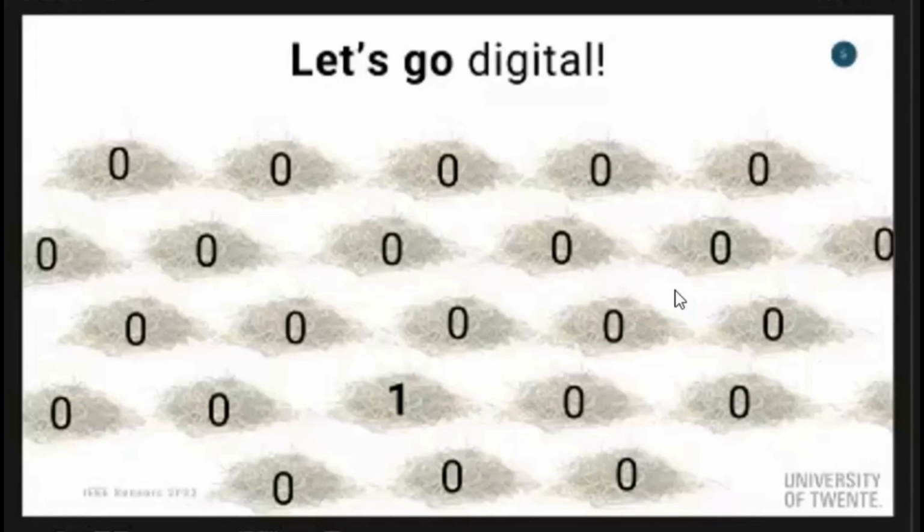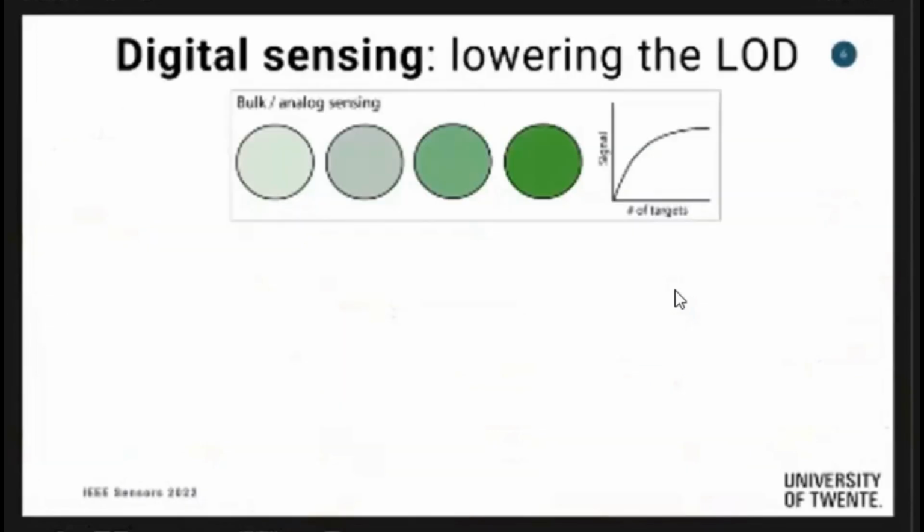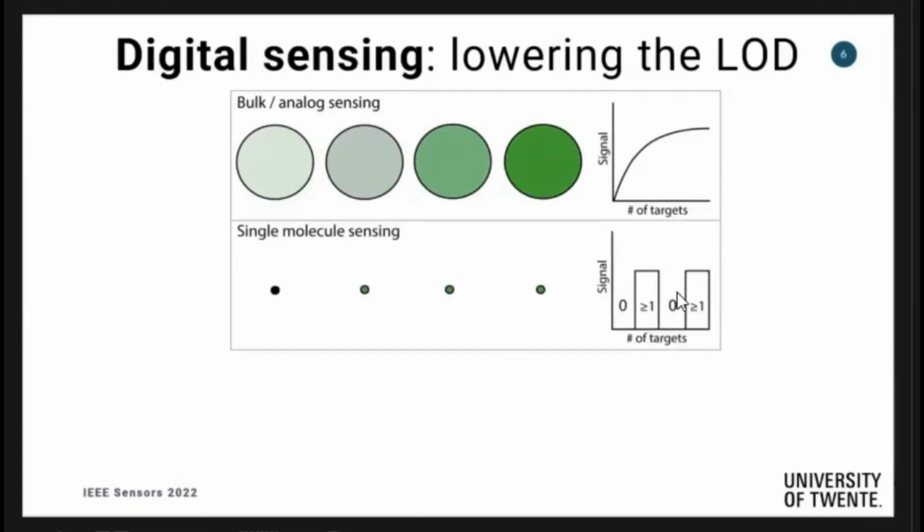So let's get digital. Most sensors nowadays are still based on bulk or analog sensing, where the amount of signal is directly equated to the amount of molecules. But ultra low concentrations generally also means ultra low signal. So therefore, people came up with single molecule sensing, where they either decrease the sensor area or the total volume of sensing, and in that way they can look at single molecules.